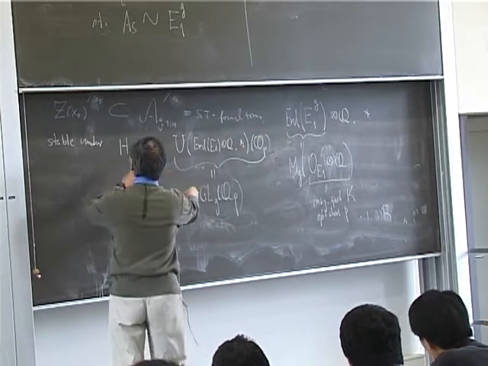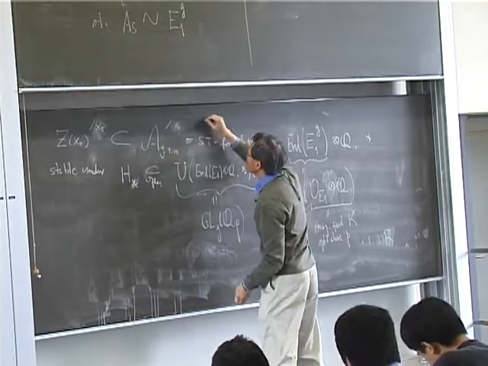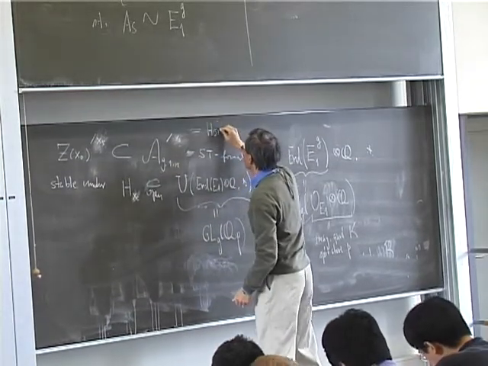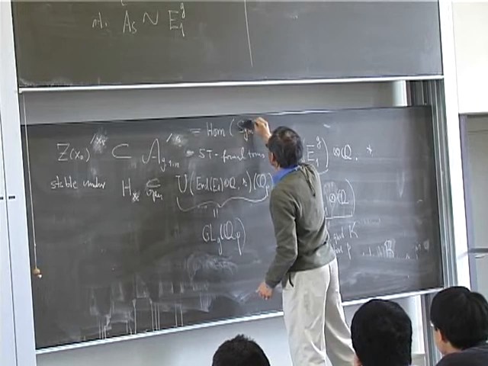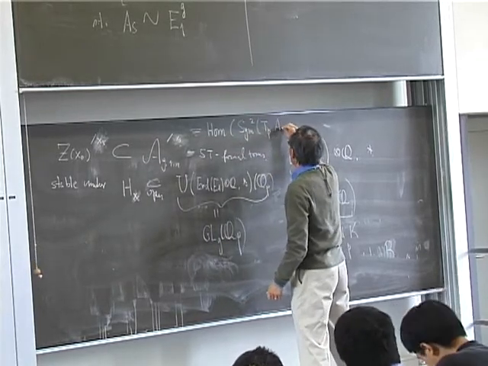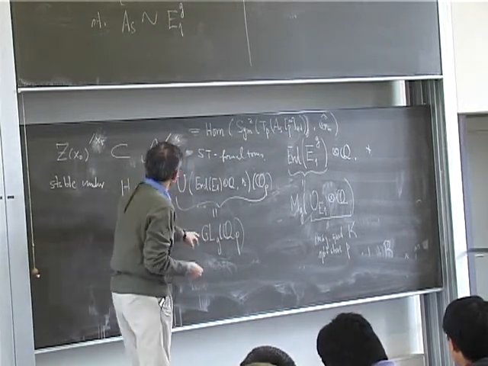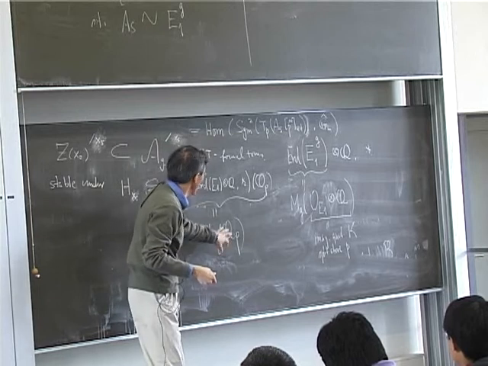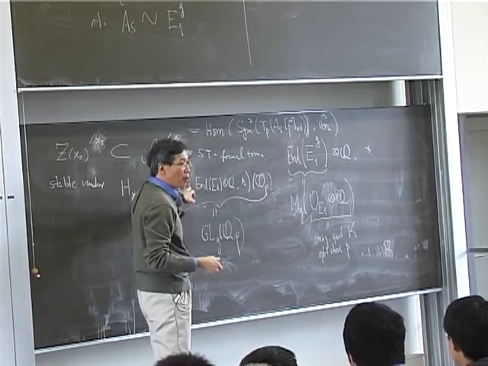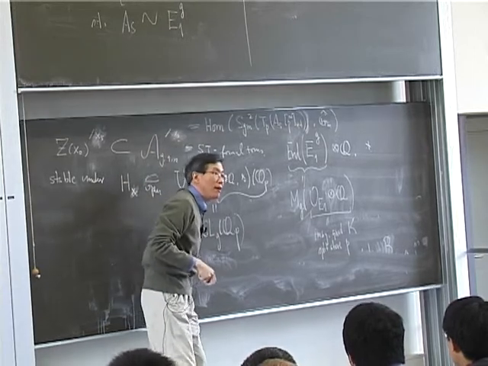Now, GL_G of Qp operates on the Serre-Tate torus. The Serre-Tate torus is Hom of Sym square of T_p of the elliptic curve, and we have the natural action of an open subgroup of this group operating on here. What's the representation?